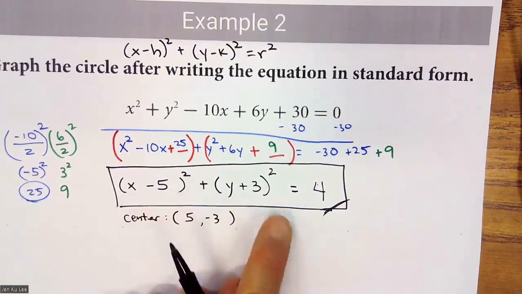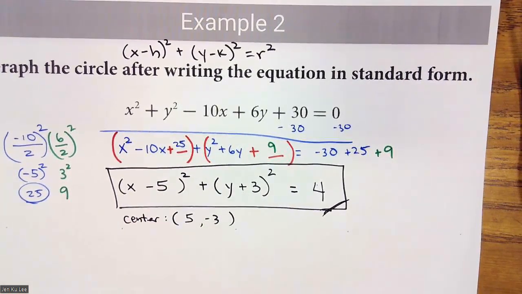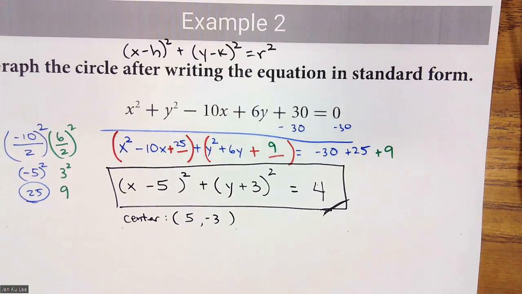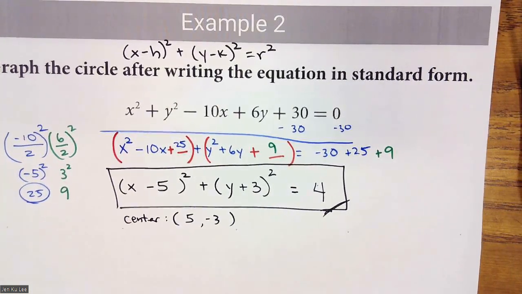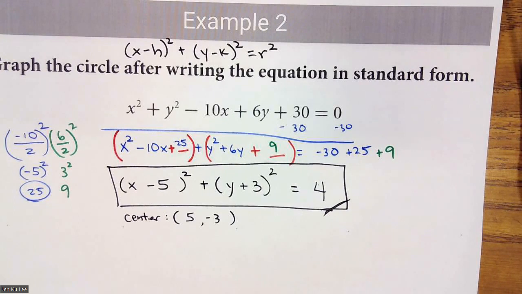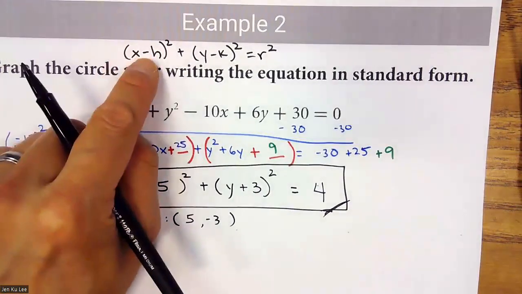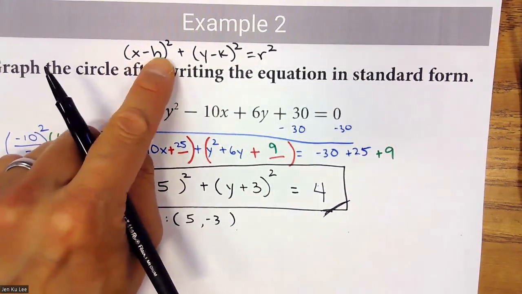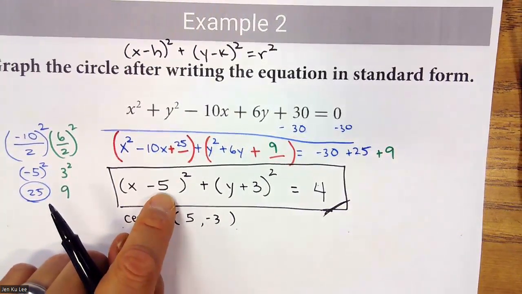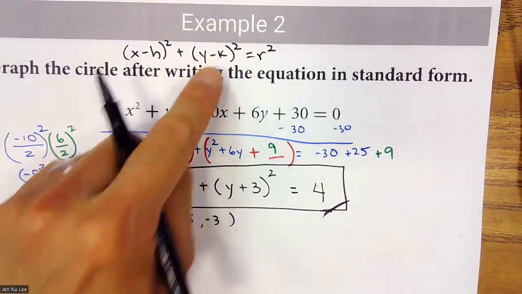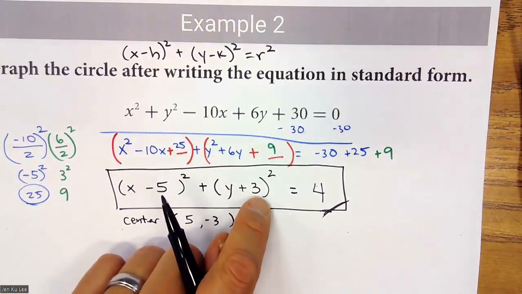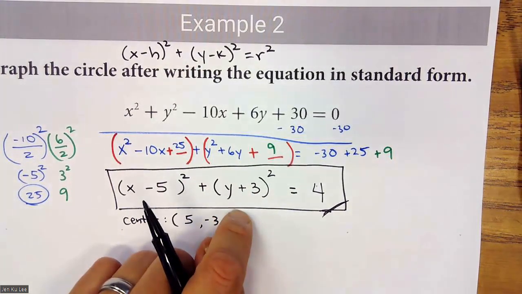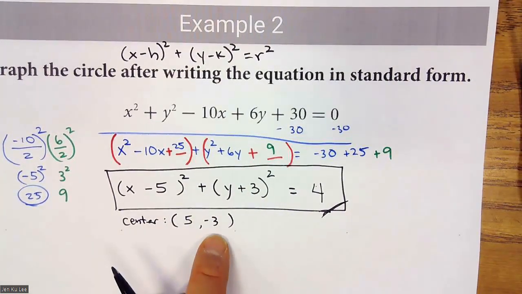So you just take the sign that's opposite. Because it's already x minus h and y minus k, so because this is already a minus, my h value is 5. Since this is already a minus, y minus negative 3 creates a positive 3. So that's why it's negative 3.